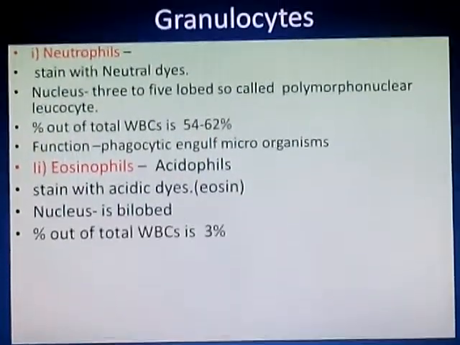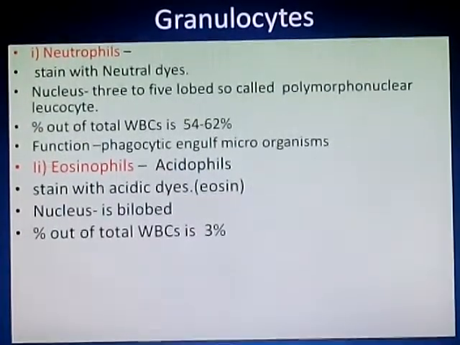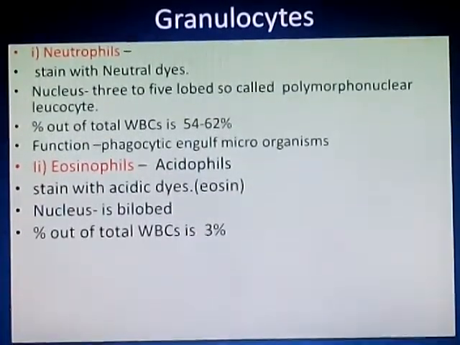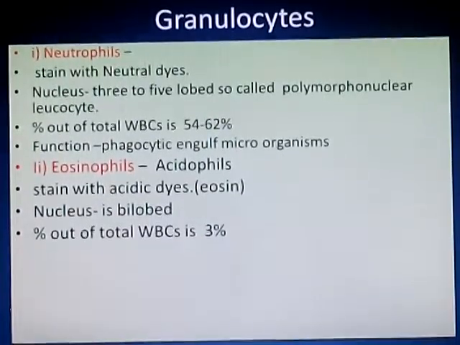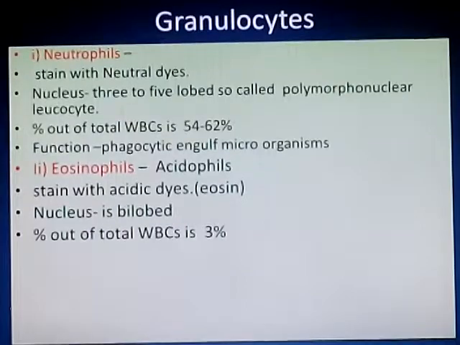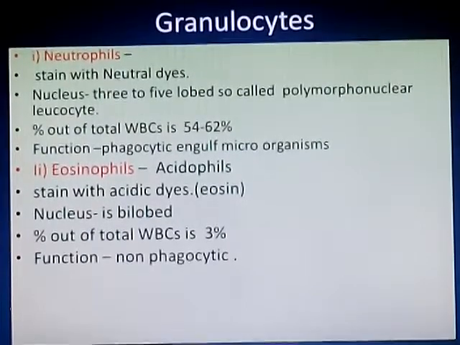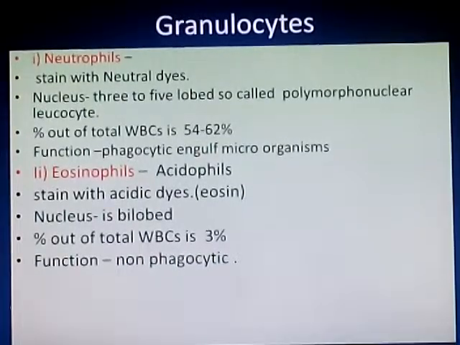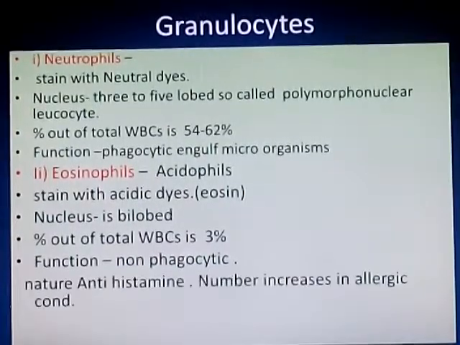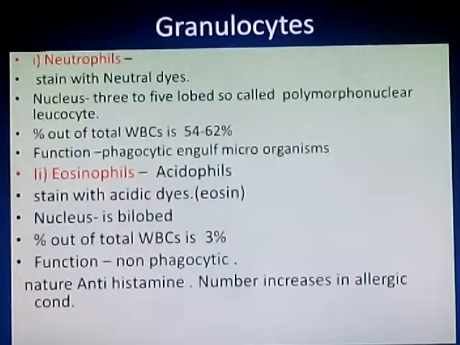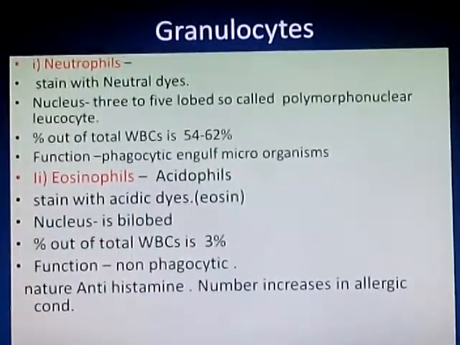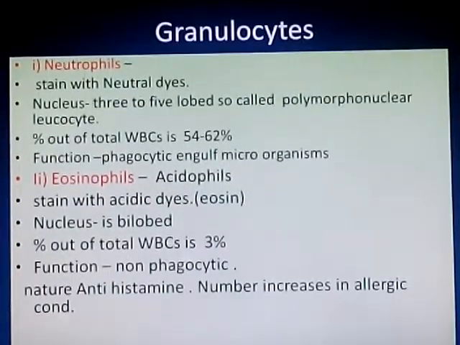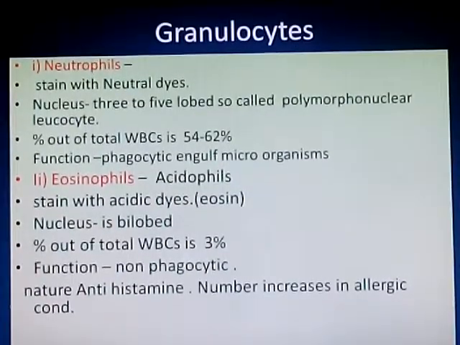Then third, percentage out of total WBC. Out of total WBC, eosinophile shows about 3%. Last, function. These eosinophiles are non-phagocytic in their nature, but they help to fight against allergic reactions, as eosinophile shows antihistaminic property.